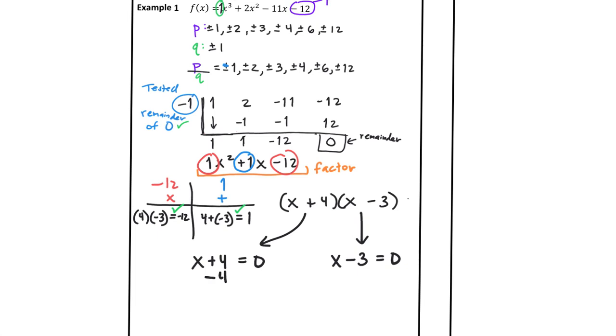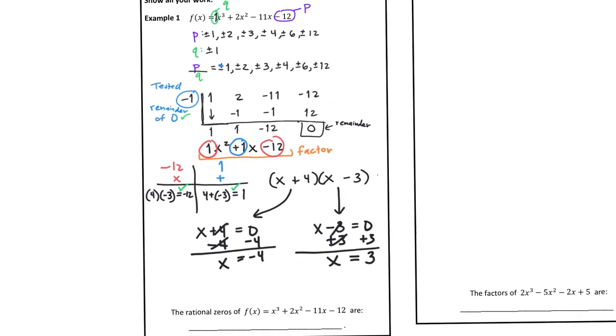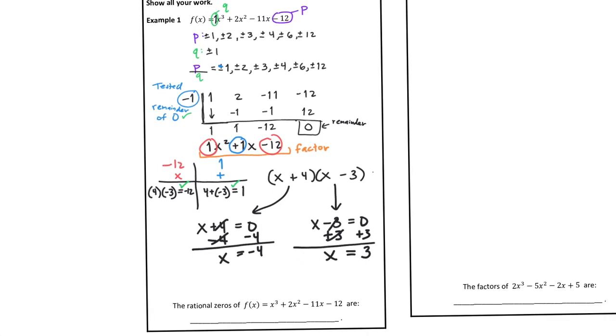So subtract 4, x equals negative 4, add 3, x equals 3.